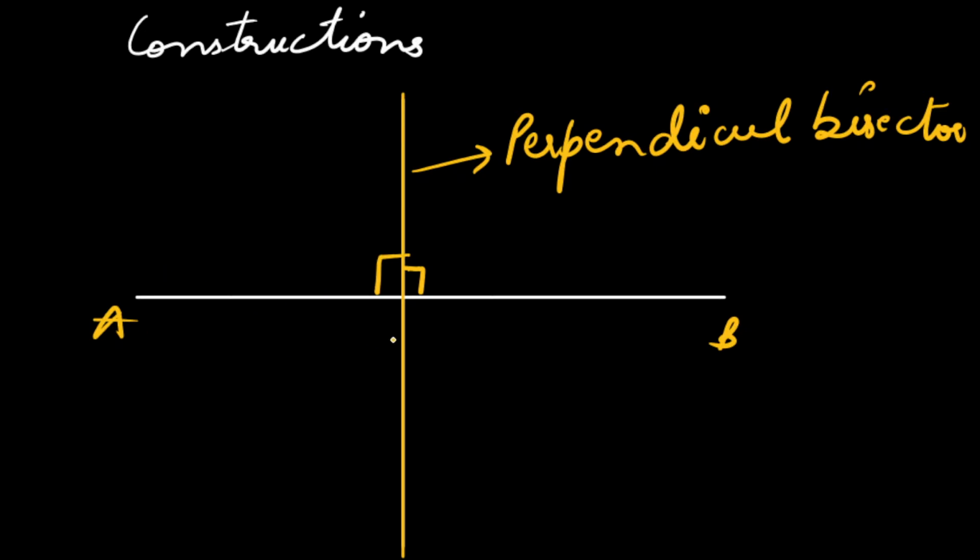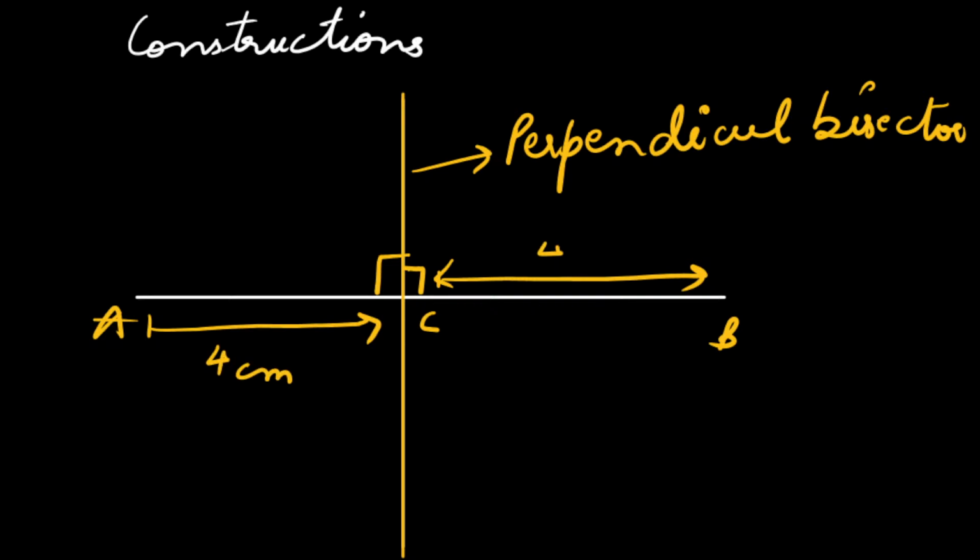And also here if I mark any point C, the length of AC is equal to the length of BC. Suppose this is 4 centimeters, then this is also 4 centimeters. So for a perpendicular bisector, the same process you have to follow.